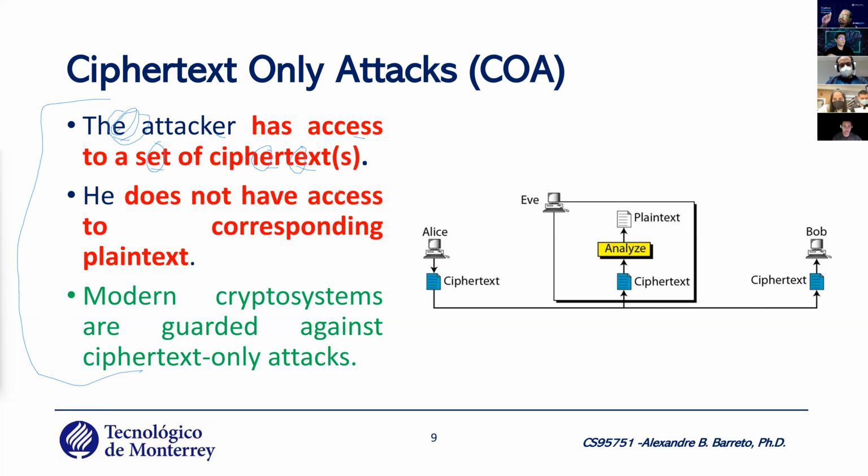Oh, it's in Portuguese, probably it's A. And if you find one letter in the Caesar cipher, you can decrypt the complete message.